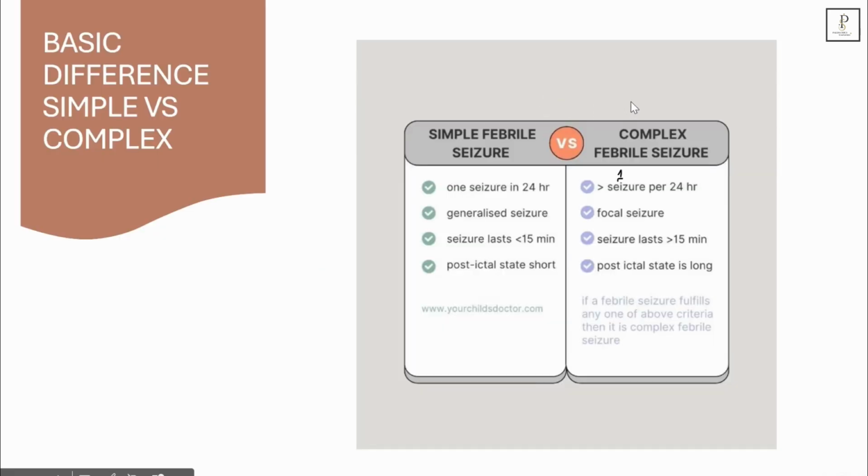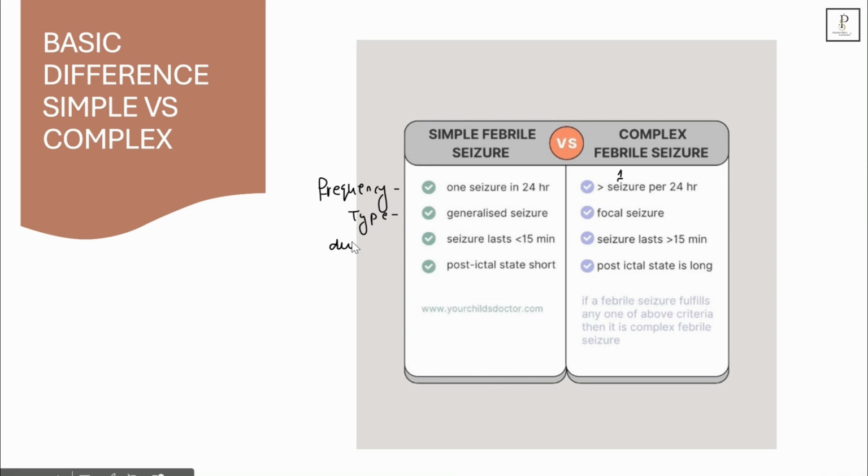What is the difference between simple febrile seizure and complex febrile seizure? First is the frequency of seizure. In simple febrile seizure, it is one episode in 24 hours. The type of seizure will be generalized in all cases.